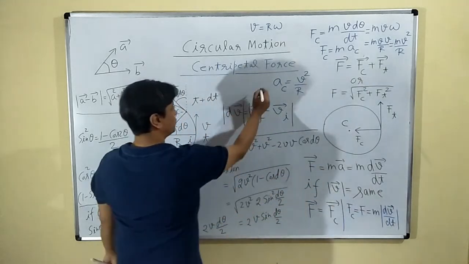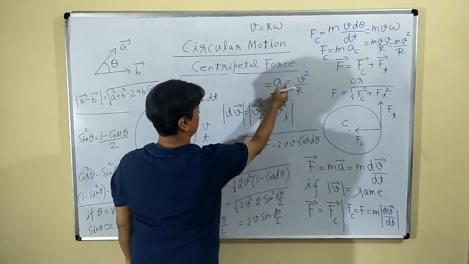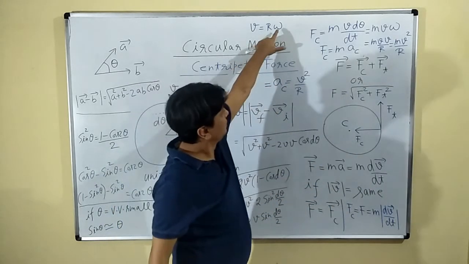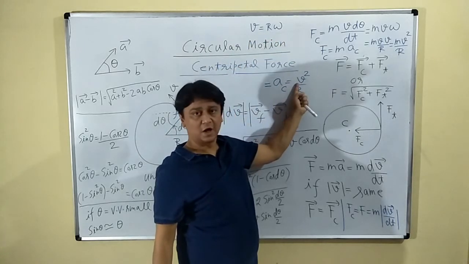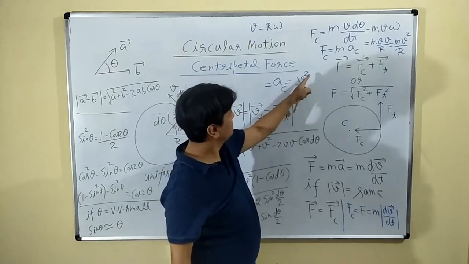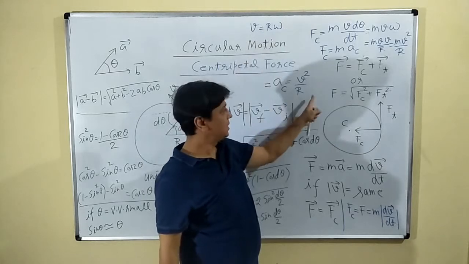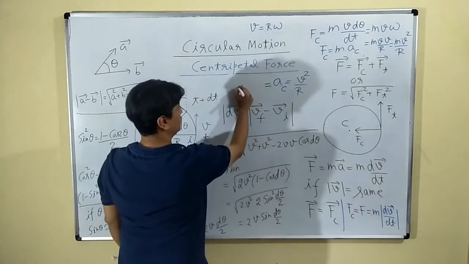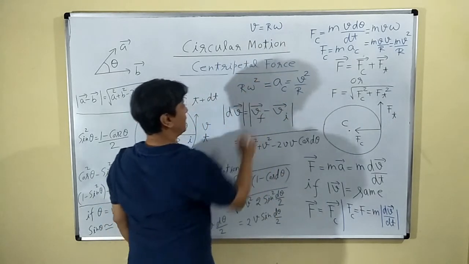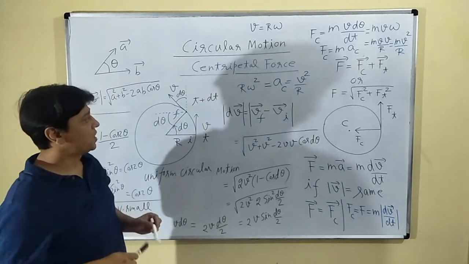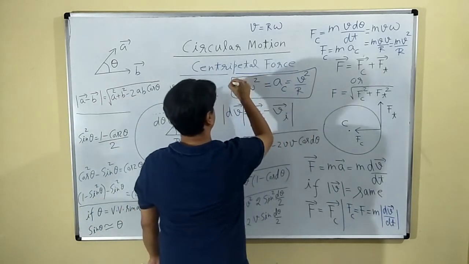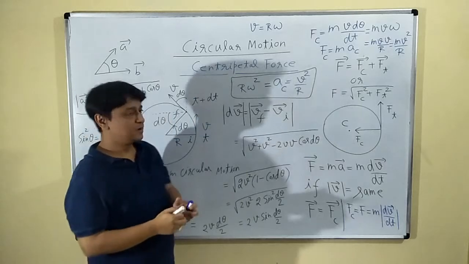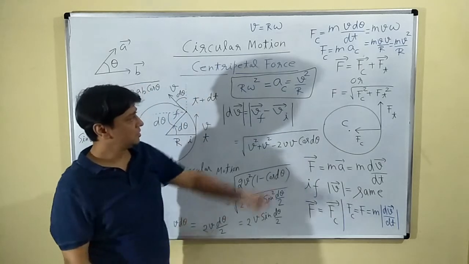You can also represent centripetal force in terms of omega. What is V? R omega. V square becomes R square omega square. R cancelled, and you write it as R omega square. These are the two important things coming from the centripetal acceleration.